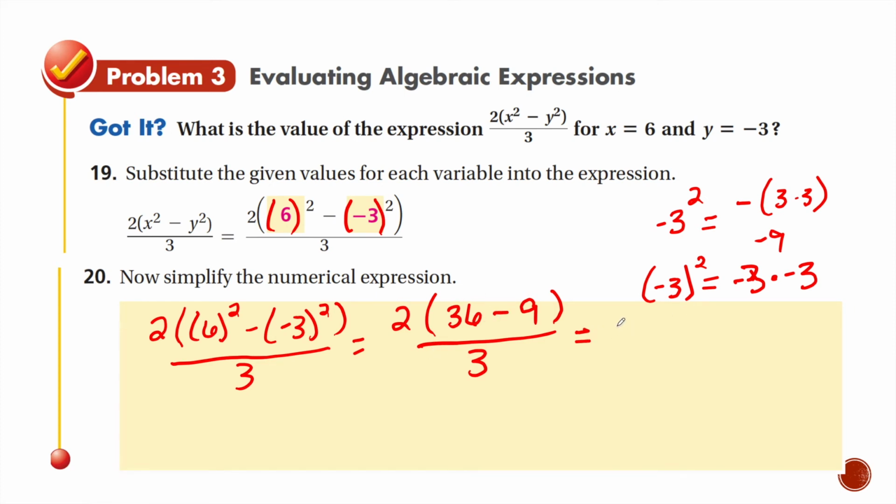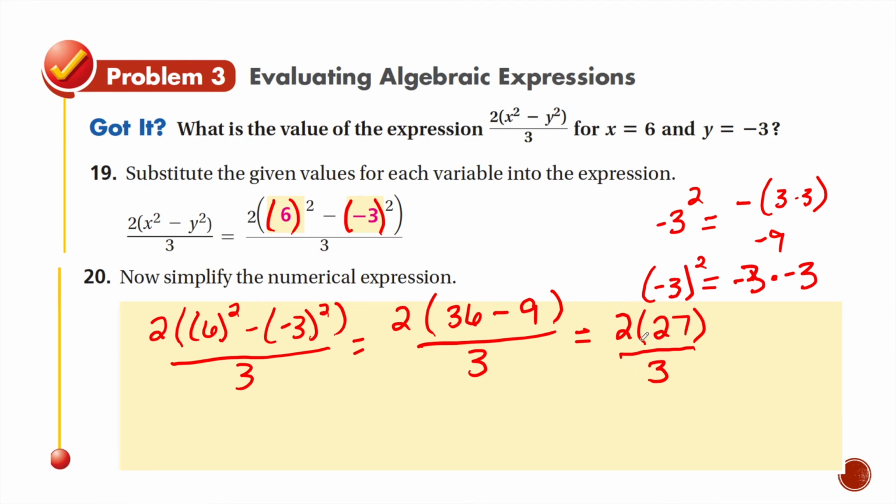Well, now we still need to make sure that we simplify everything inside the parentheses. So we have to do 2 times 36 minus 9, which is 27. And then we're going to divide all of that by 3. We can do one of two things here.